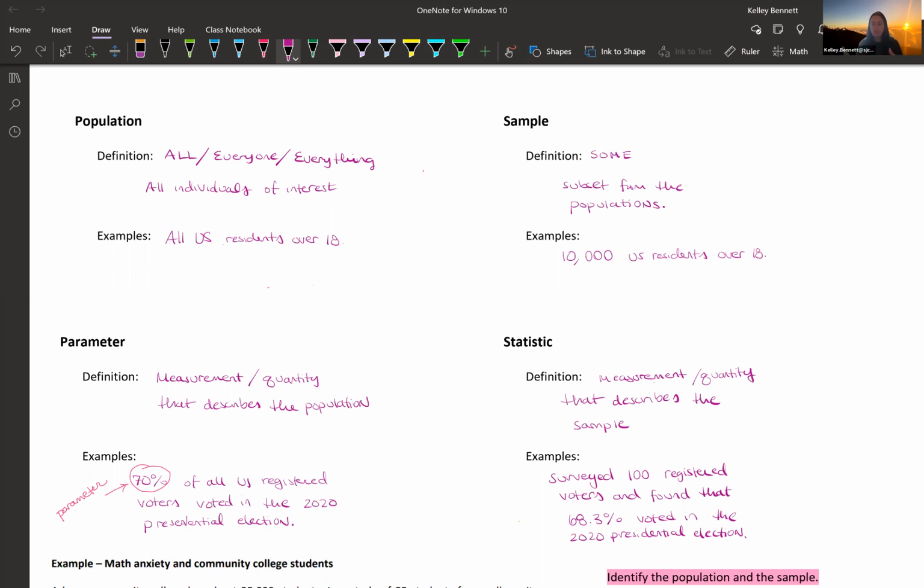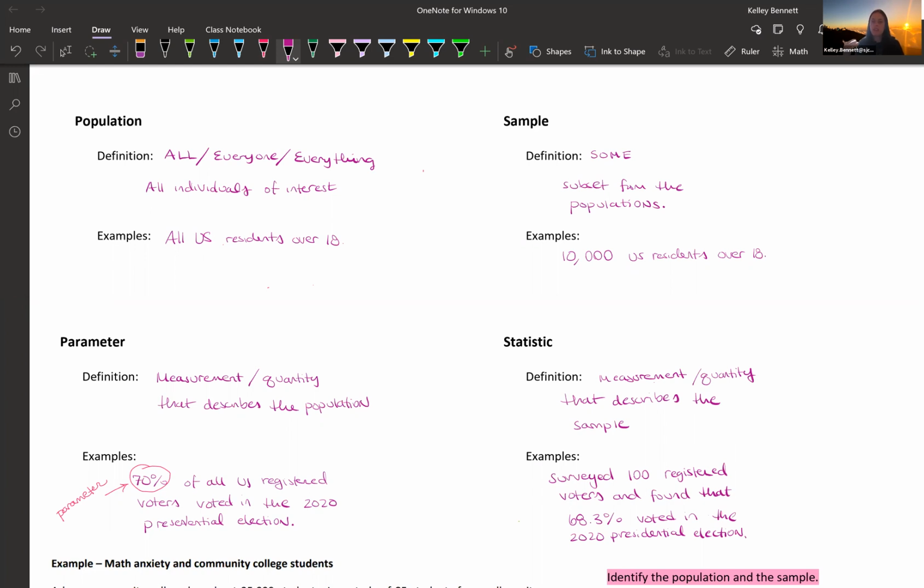And so from that sample, you're going to be like, okay, well, if 68.3% of my sample voted in the election, I think my sample's good, whatever good means, which I promise, again, we will talk about what is a good sample and what is not. But if my sample is good, then this 68.3% is telling me something about the population. So I could infer from the sample that probably close to 68.3% of all US registered voters voted in the 2020 presidential election.